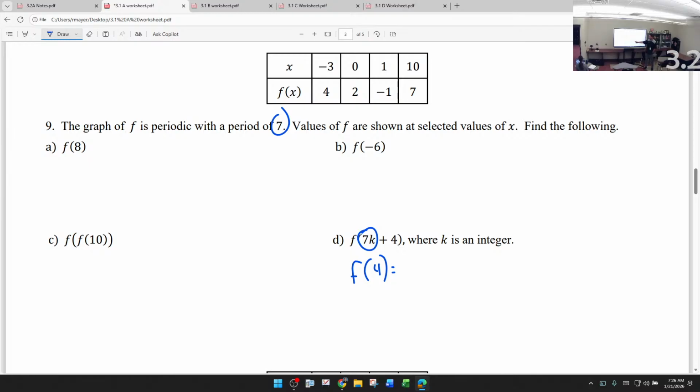And if K is negative 1, that will be negative 1 times 7, which is negative 7. Negative 7 plus 4 is negative 3. That will be equal to 4. It doesn't matter what K is because it repeats every 7. So when you see that, really you don't have to look at this part of it. It's the same thing as f of 4. Does that help you?